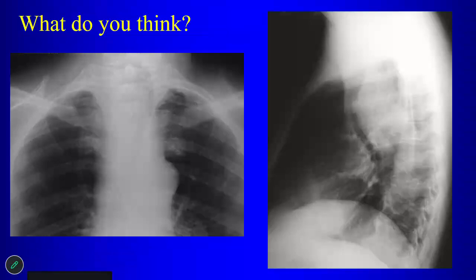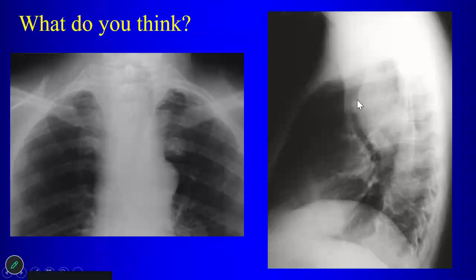Well, that's just a mirror down there, between the heart and the vertebral body. What do you notice about the trachea on the lateral view? There appears to be an indentation. Yeah, in the wall.